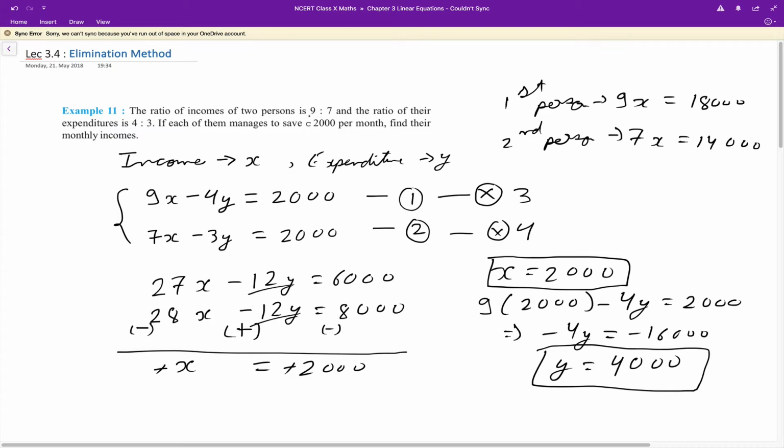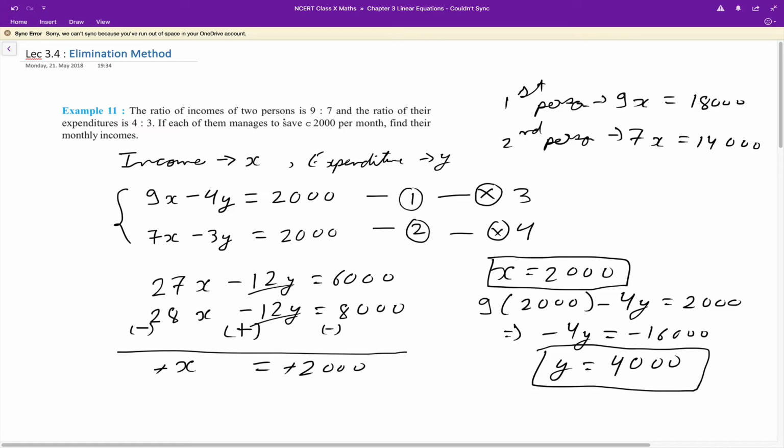The monthly income for the first person is 18,000, the expenditure would be 4 times 4, 16,000. So 18,000 minus 16,000, 2,000 savings for the first person. For the second person, income 7x, 14,000, expenditure 3y, 12,000, 14,000 minus 12,000, 2,000. So it satisfies the information given.